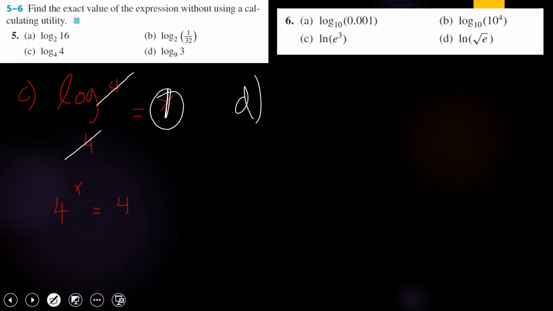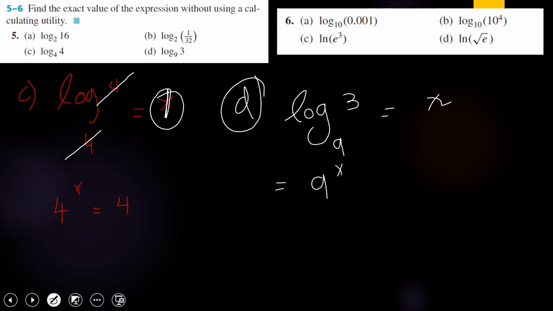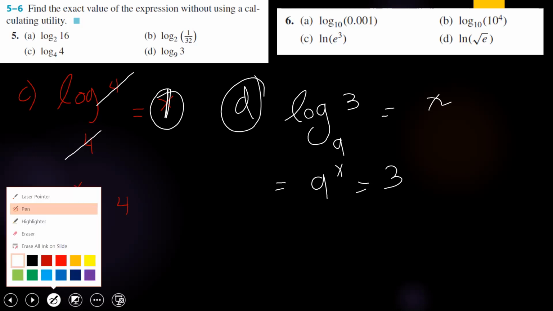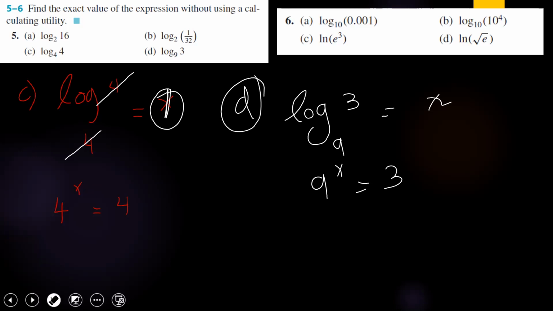Now let's solve D. In D we have logarithm to the base 9 of 3. That means I have 9 to the power x equals 3. You cannot make 3 to be 9, but you can make 9 to be 3 to some power.